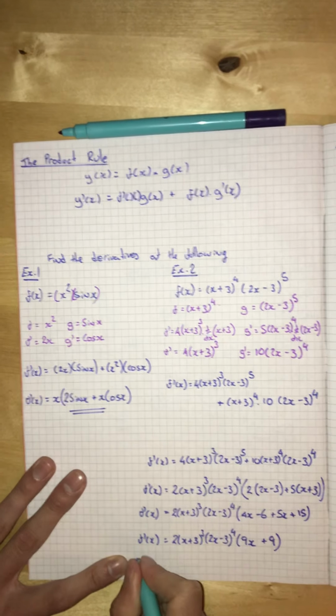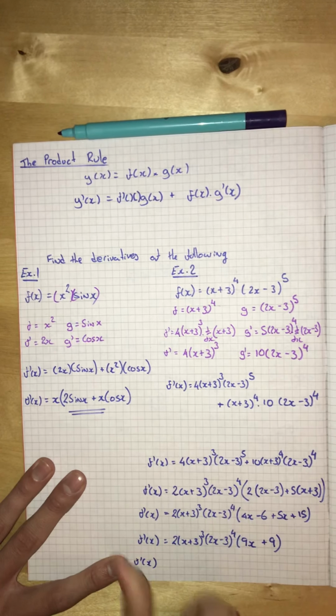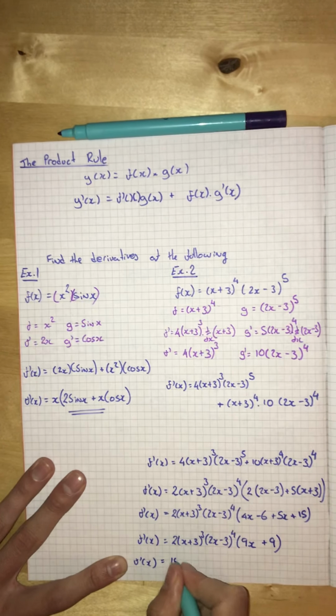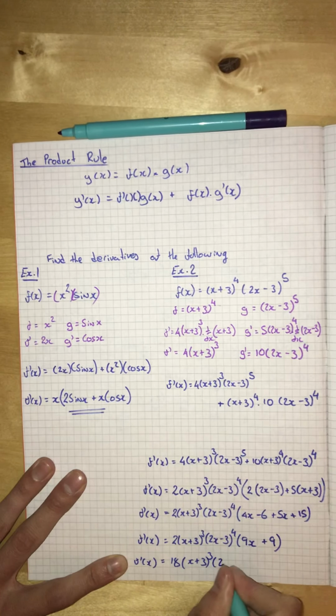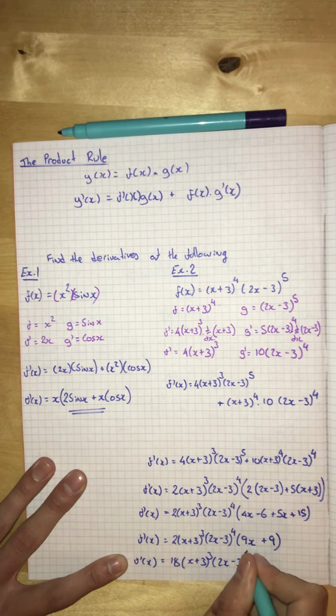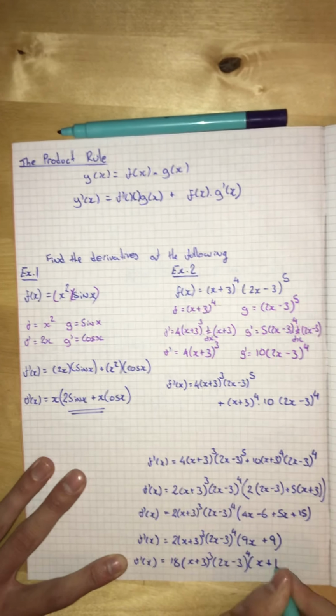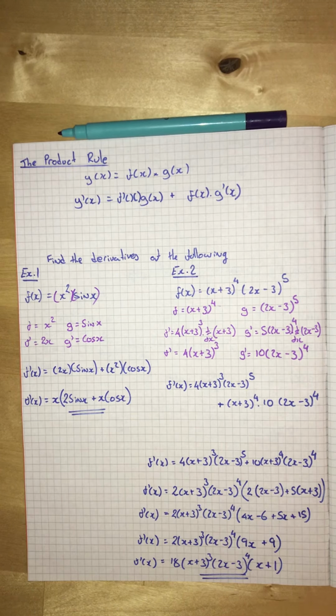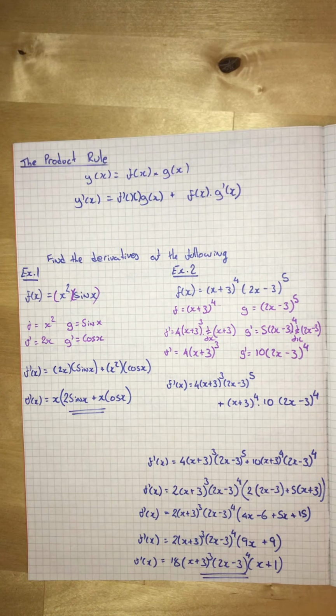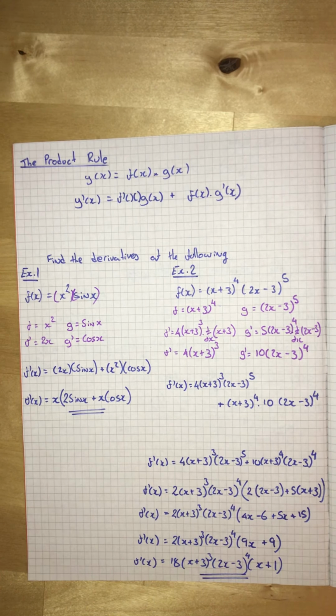Now it's got an extra common factor. I could take the 9 out. Because when it comes to the final exam, it's going to expect you to fully simplify the function once you've differentiated it. Okay, so we're going to do one more.